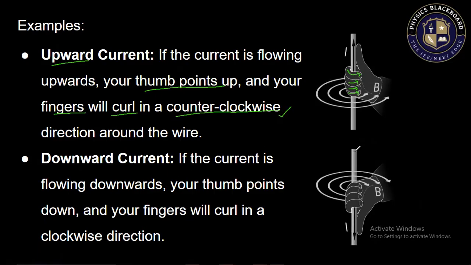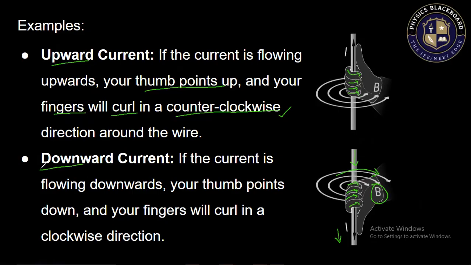Whereas if you take the current moving in downward direction, you can see that the curled fingers are in the clockwise direction. The magnetic field produced around the wire where the current is moving down is in clockwise direction.